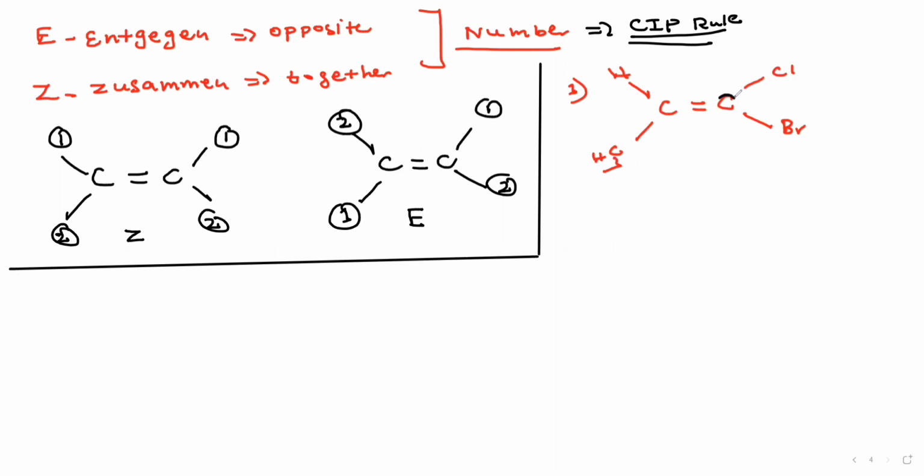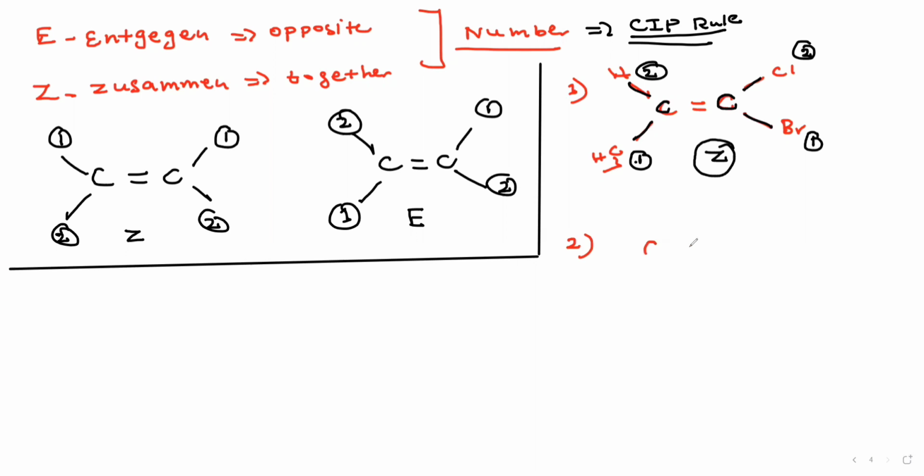Here Cl and Br, and the highest atomic number is Br, therefore this is 1 and this is 2. On this carbon, attached hydrogen and CH3, CH3 has higher priority based on atomic number. This is 1, this is 2. Forget the groups, only numbering: 1 and 1 on the same side, 2 and 2 on the same side. Therefore this is Z isomer. Understand? Go to the next question.